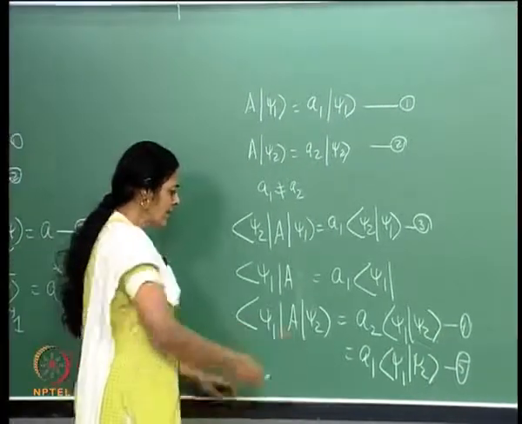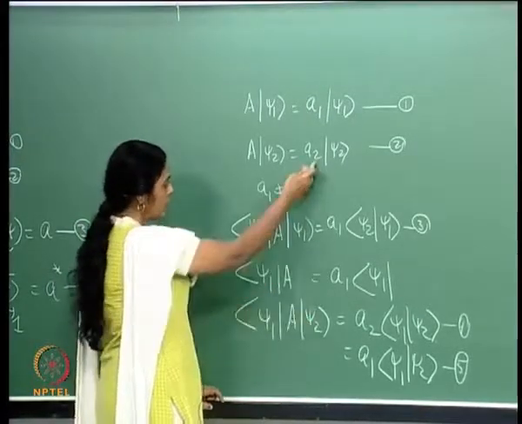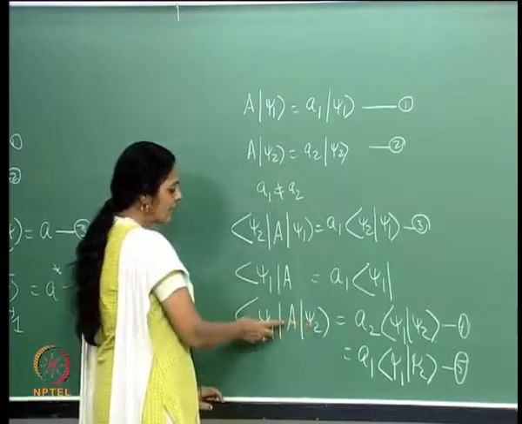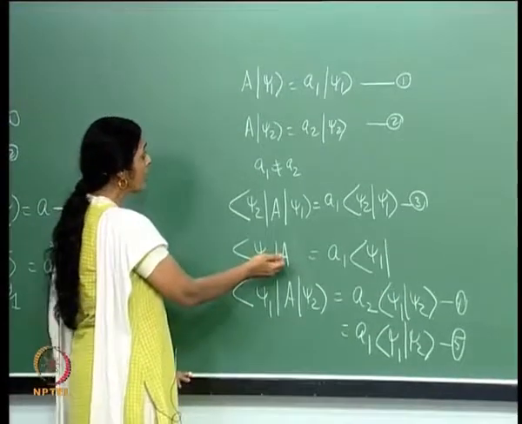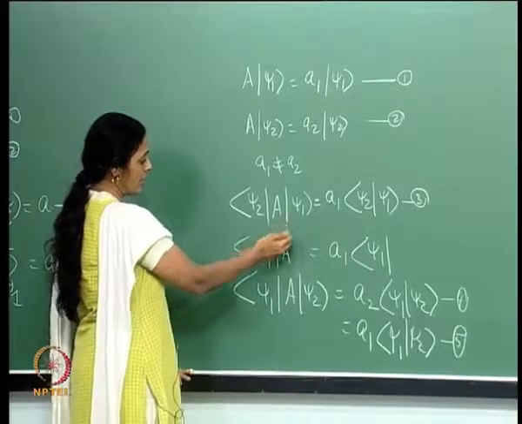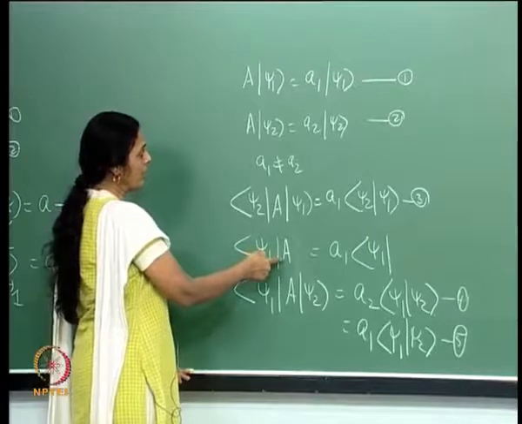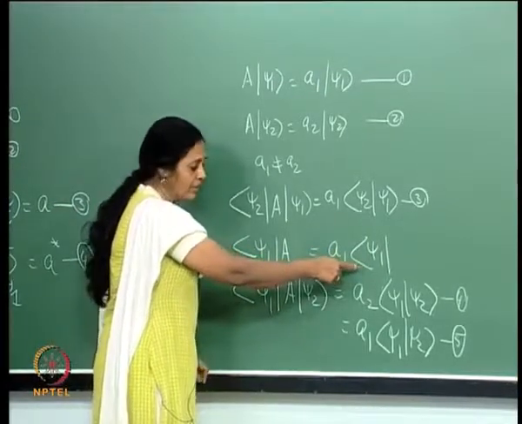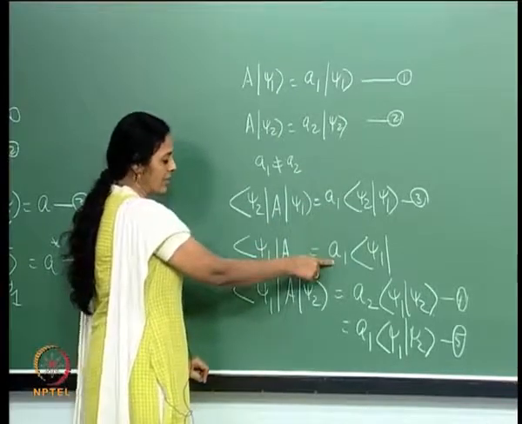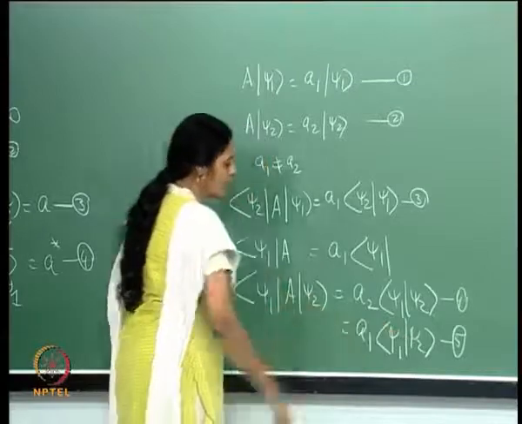On the one hand, I worked with A on psi2, pulled out an a2, and I had an inner product of psi1 with psi2. On the other hand, I know that because A is Hermitian, A dagger is the same as A, and here I have <psi1|A which should have normally been a1 star <psi1|, but because a1 is real, I have just written down a1 there, and therefore I have a1 <psi1|psi2>.